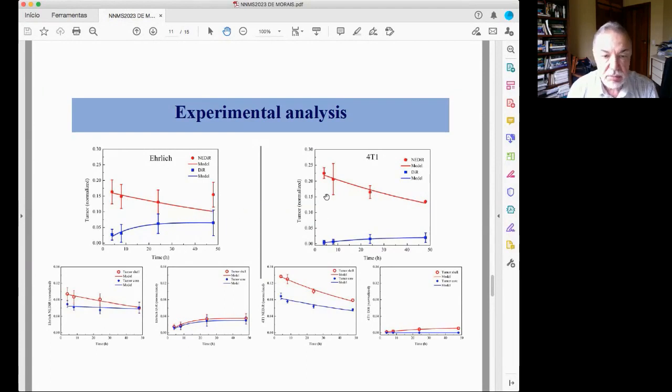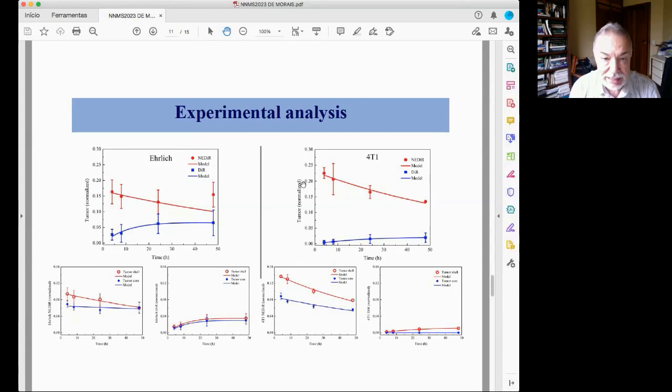The same trend we found while analyzing the 4T1 tumor. So the nanoemulsion concentration decays as a function of time. On the other hand, the free molecule, which means the free dye, slightly increases as a function of time in both kinds of tumor.